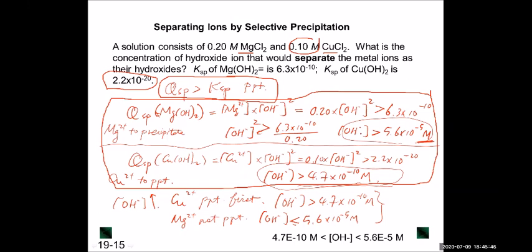It has to be larger than the smallest, but smaller than that of the more soluble compound. When the precipitating concentration is less than the upper limit, the second metal will not form precipitate. But when the hydroxide is larger than the smallest, the first one will precipitate. Here, the copper will precipitate first.